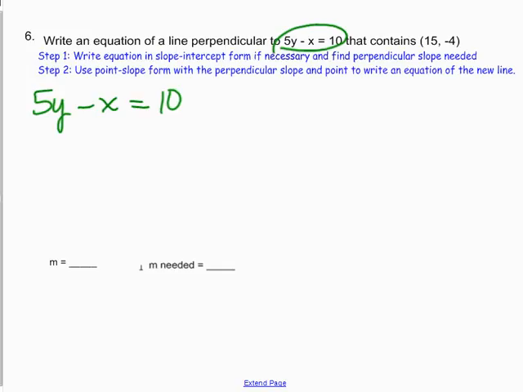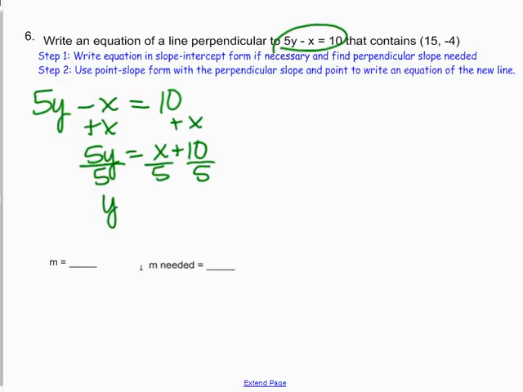So then I have to add x to both sides. 5y equals x plus 10. And now I have to divide by 5, divide by 5. y equals 1/5 x plus 2.